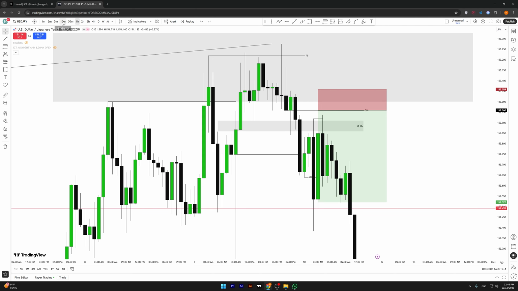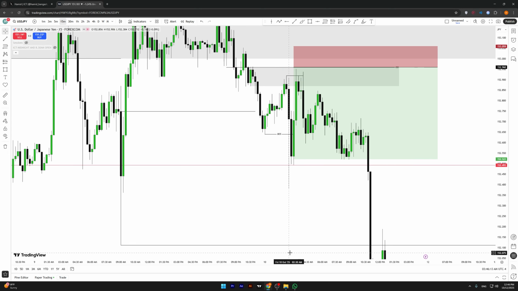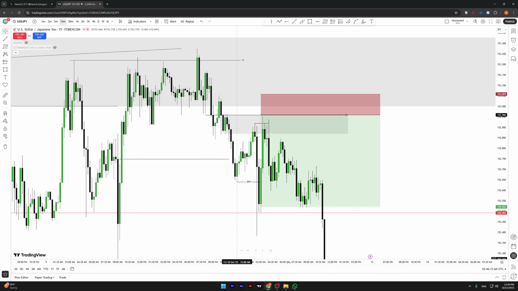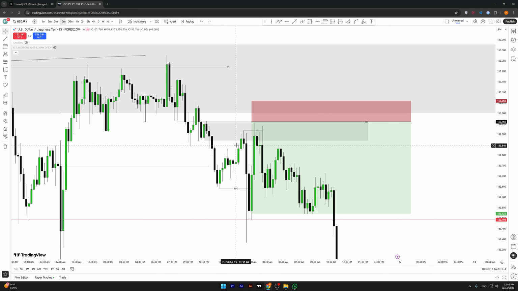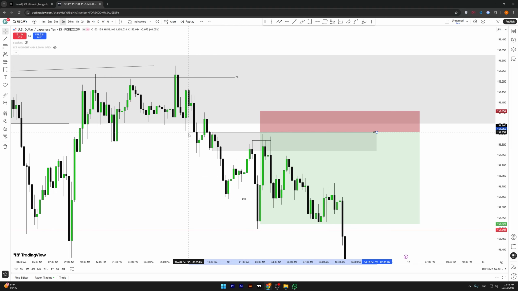So then I jumped into the 15-minute to find another entry because my sellers were clear to the downside. So I waited for price to tap into this order block. At that time I didn't notice that this order block, which was from the 1-hour order block, was already tapped in the 15-minute.